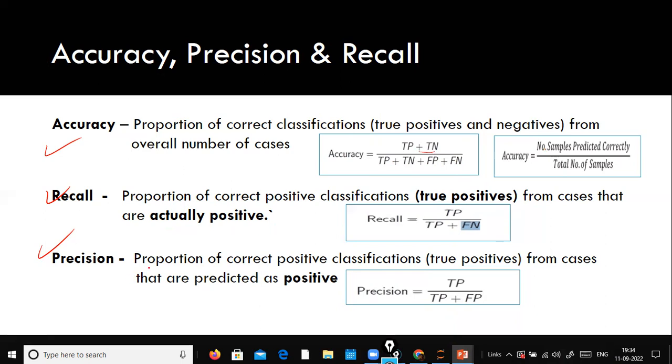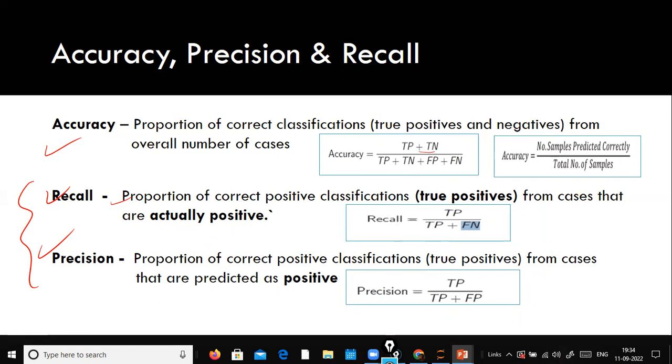And precision is the proportion of correct positive classifications from cases that are predicted as positive. If you see the first sentence, proportion of correct positive classifications from cases, it is the same. The second part differs: that are actually positive, versus that are predicted as positive.